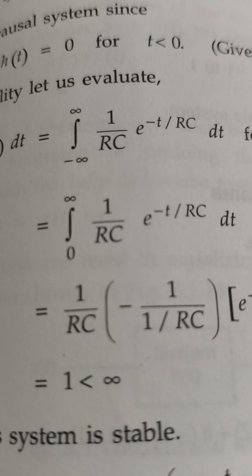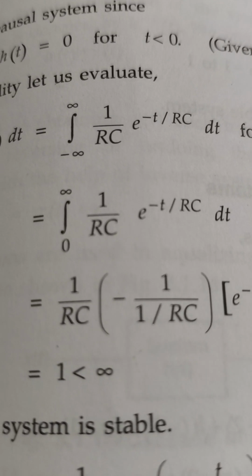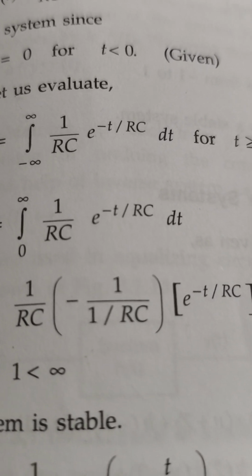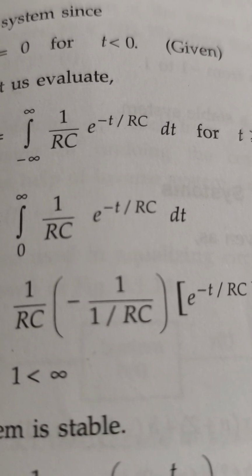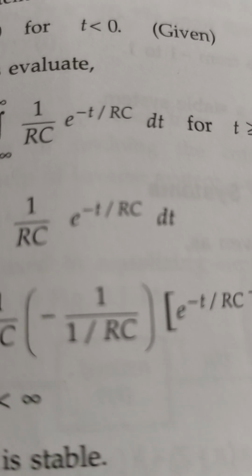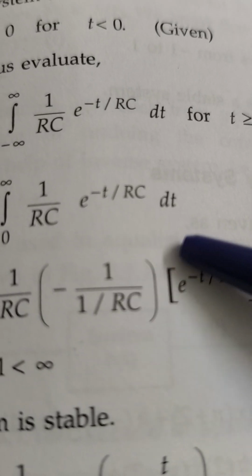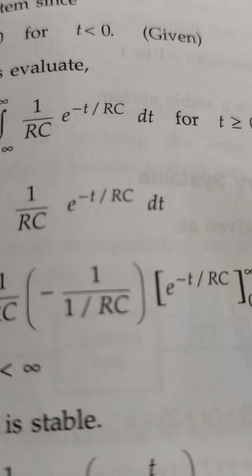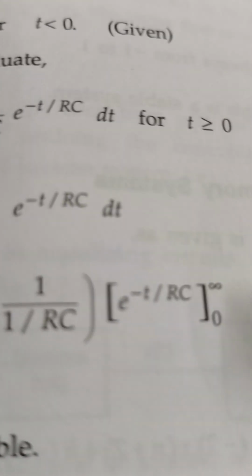Here 1 by RC is a constant, so we'll take it outside and do the integration. When we integrate e raised to minus t by RC with respect to t, we'll get minus RC times e raised to minus t by RC. Then apply the limits, 0 to infinity.